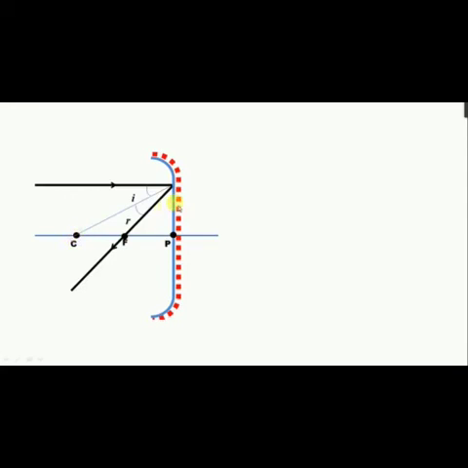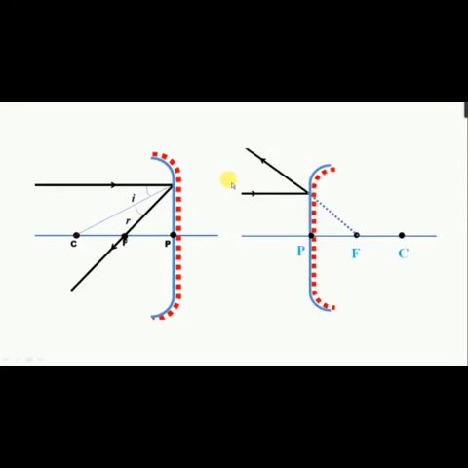So the ray going through the center of curvature to the mirror is the normal. Similarly, out here you can see a ray is going parallel and it is getting diverged from the focus, and if you draw a line from center of curvature, it will act as a normal. So this angle is angle of incidence and this angle is angle of reflection.